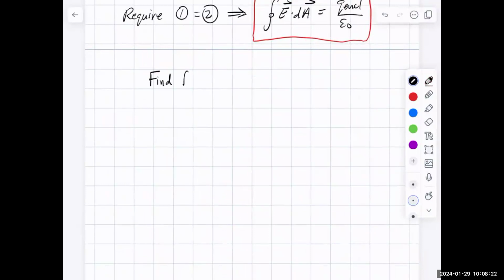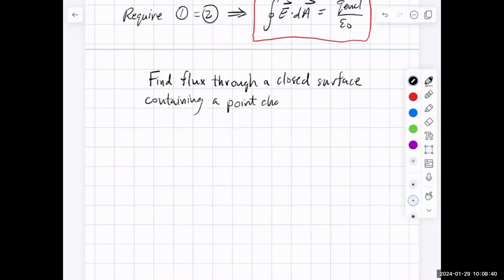So we're going to find the flux through a closed surface that is containing a point charge Q. Now, in general, if we wanted to calculate the flux using this integral method, that's potentially a hard calculation.